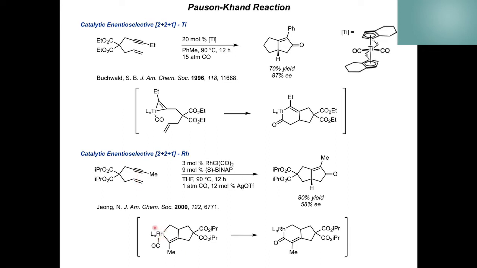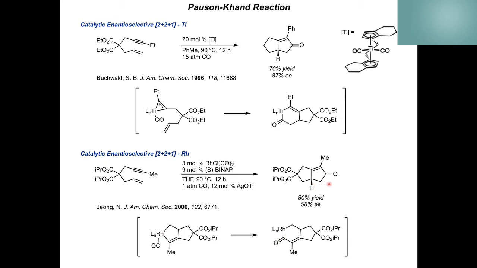And then that rhodium-1 subsequently undergoes a favored oxidative cyclization, where the rhodium is oxidized to rhodium-3, and that forms that carbon-carbon bond that forms the first part of that 5-membered ring. And then subsequent migratory insertion of CO and reductive elimination forms that 5-membered ring.